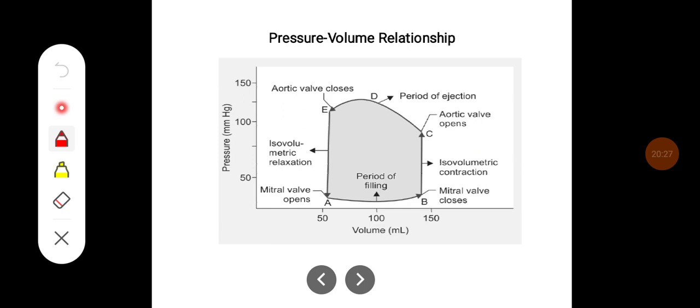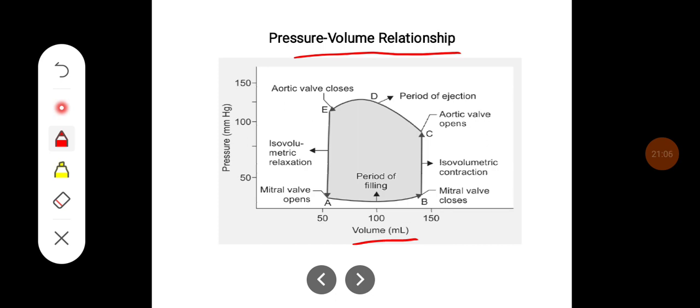So this diagram shows the pressure-volume relationship. The x-axis shows the change in volume and the y-axis shows the change in pressure. During diastasis, that is filling, the amount of blood in the ventricle increases from 50 to 150 ml, and during isovolumetric contraction the volume remains the same, but the pressure increases.